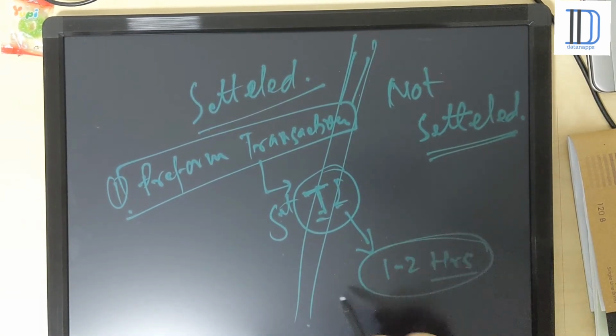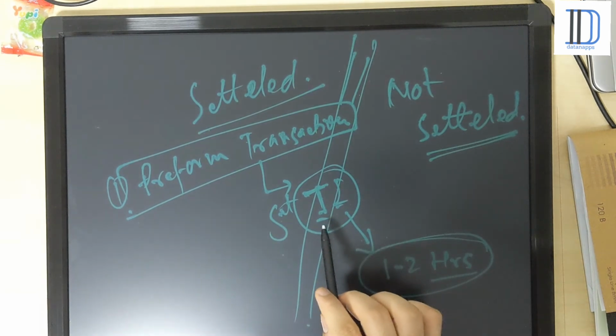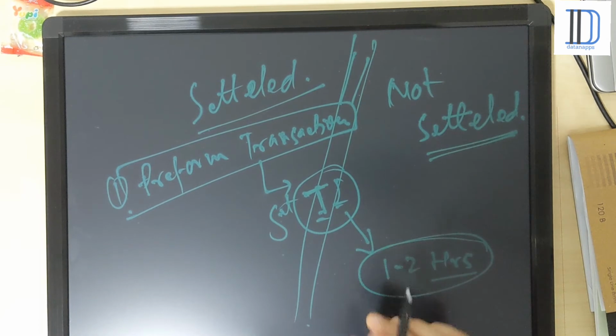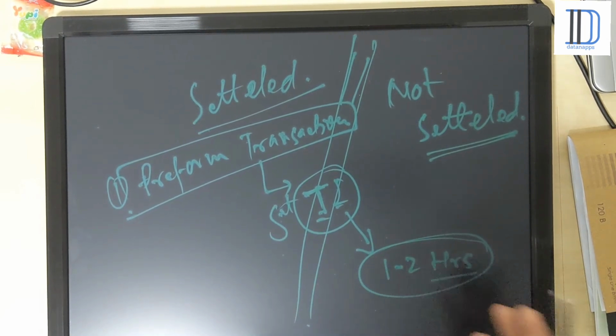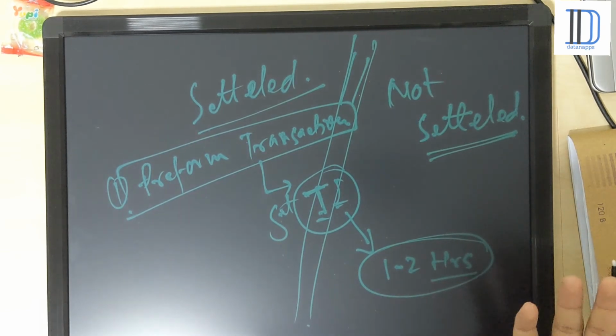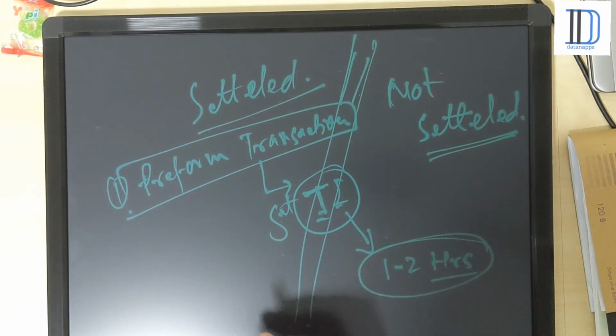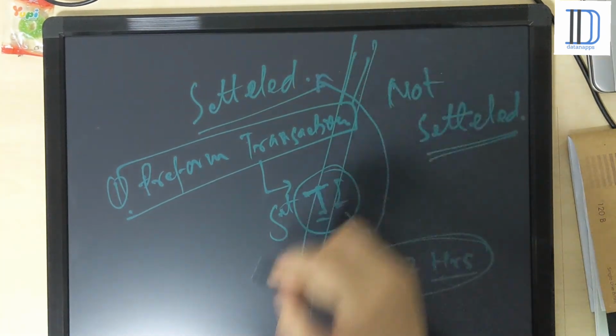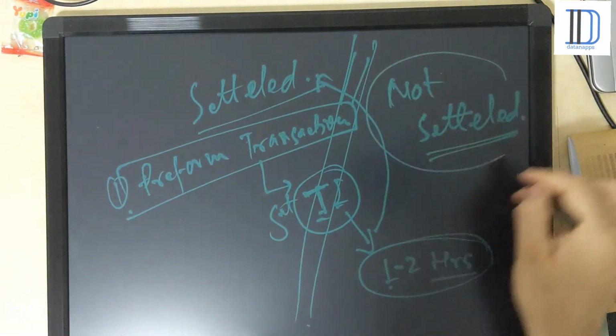Meanwhile, it takes time to be settled, as the transaction is fully performed at their end. I mean the amount will transfer from the buyer's account to the seller's account. So it will take 1 to 2 hours, and after that it will be fully settled. Before that it is not settled.